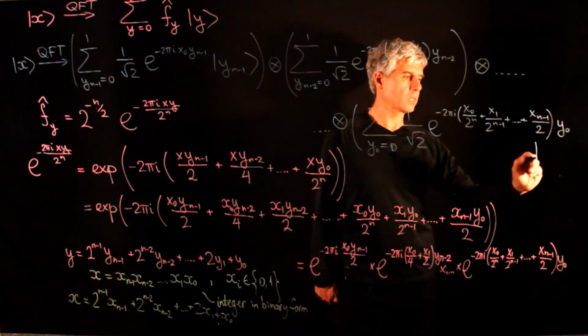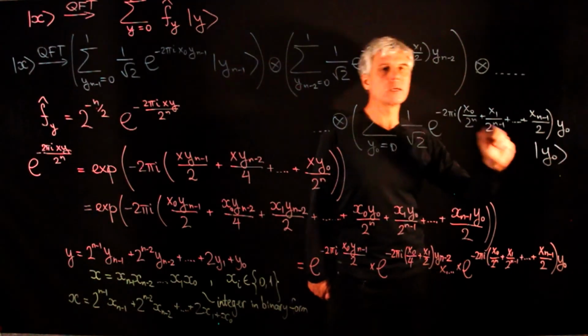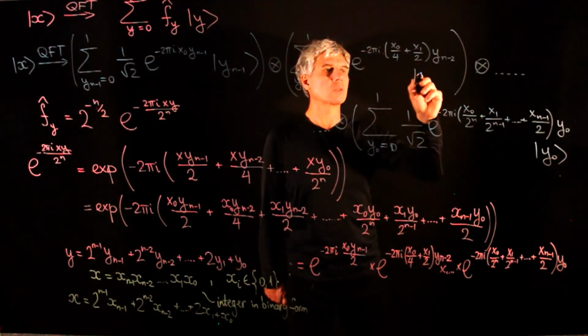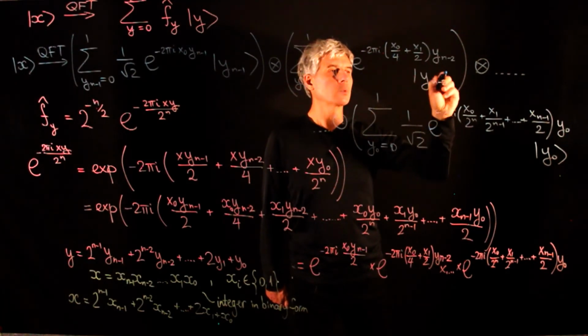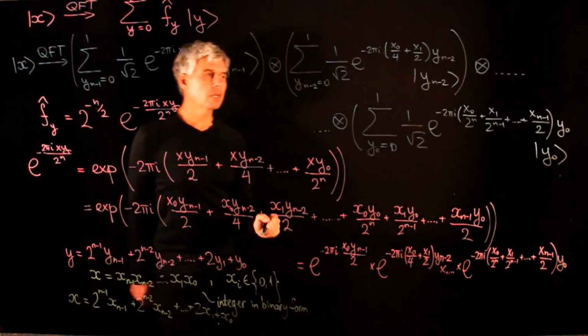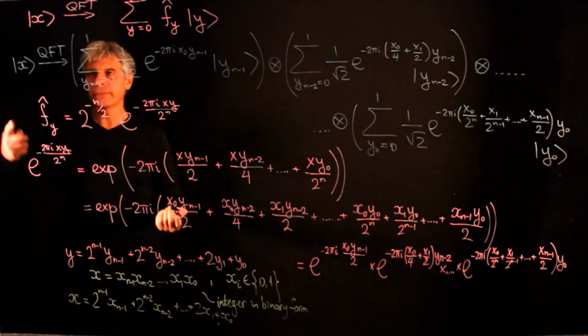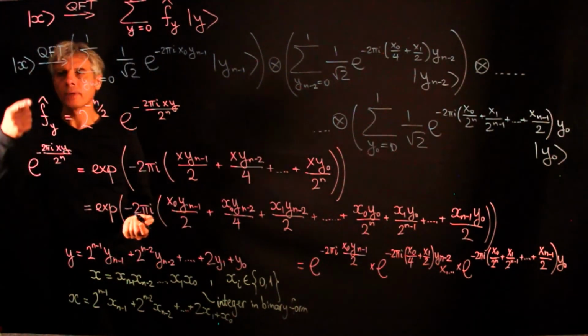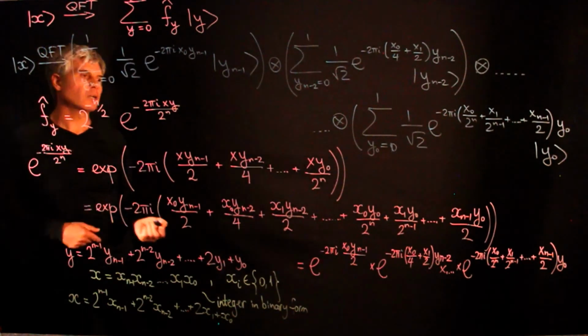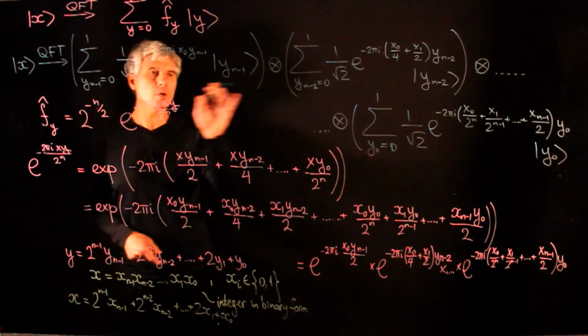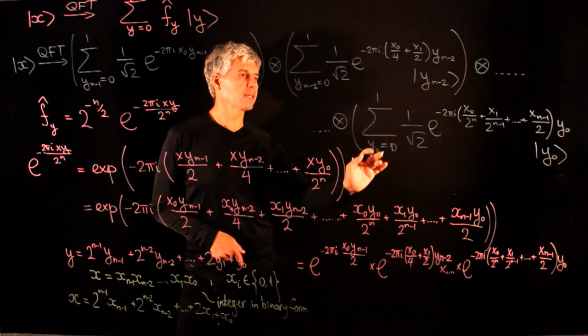And so this is times y0 here. And likewise here, we should write times y_{n-2}. Right? And so what we see here is under quantum Fourier transform, each basis vector is transformed into something unentangled.